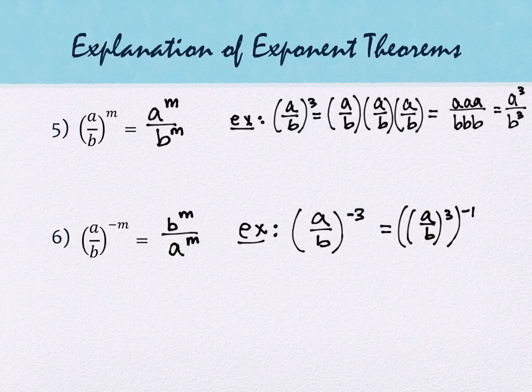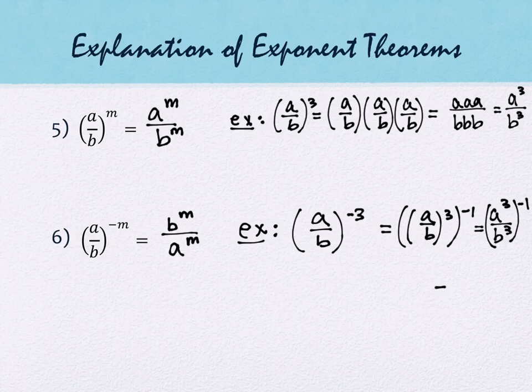So I can separate them that way. I'm sort of breaking apart the negative 3. The cube will become exponents on the a and the b, so it becomes a cubed over b cubed. And then what my negative does is my negative means reciprocal, inverse, flip the fraction, whatever phrase resonates with you. They're all meaning the same thing.